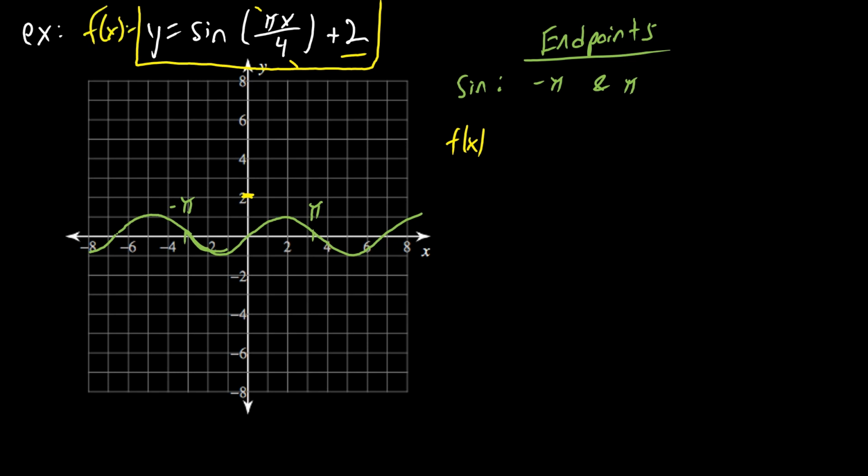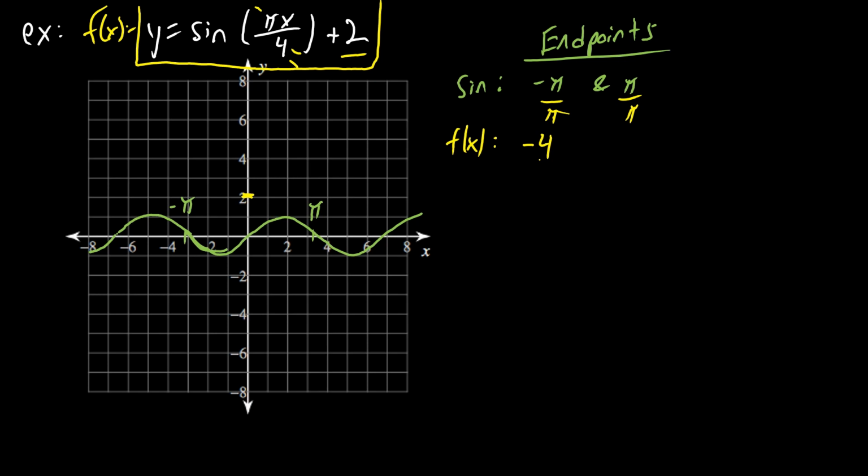This is being compressed, so we're going to divide that by pi, divide this by pi. And then we have a horizontal stretch of 4, so we can multiply our endpoints by 4. So negative pi over pi is 1. Multiply that by 4. We're going to have negative 4.